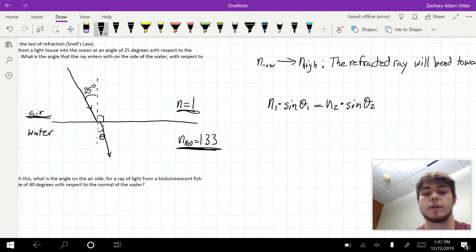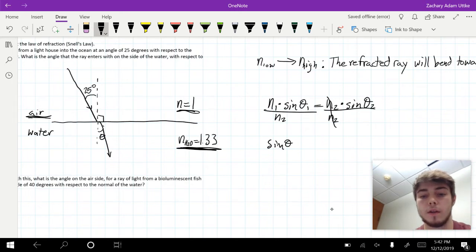So we just have to rearrange this to figure out what theta 2 is. We can divide by n2 on each side, so we have sine theta 2 equals n1 over n2 times sine theta 1. And then to get rid of this sine, we can just take the sine inverse.